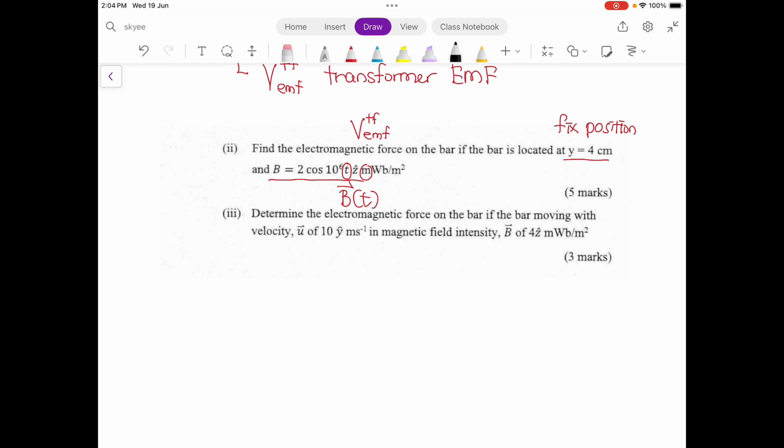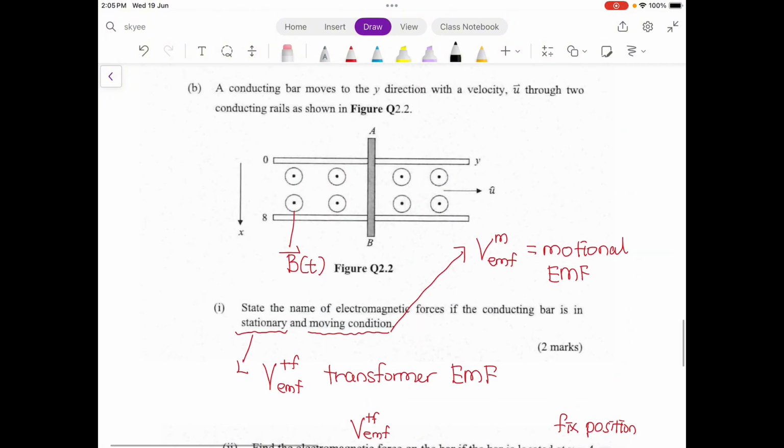For transformer EMF, the equation that you have to use is equal to negative n times the integral of B dot ds. So in this case, when you refer back to figure 2.2, you can see that n is equal to 1.